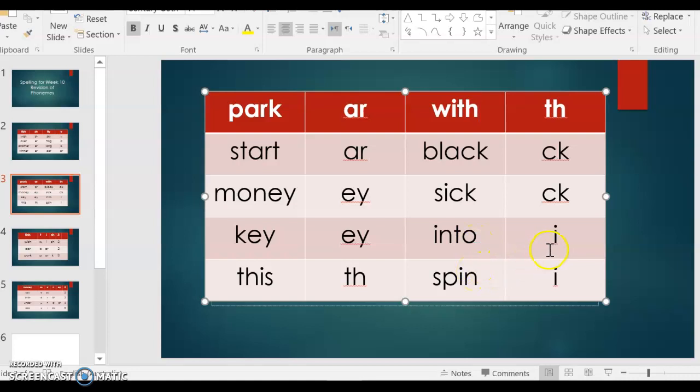Last two words here are into and spin. And we were focusing on the graph of I, but the I here says i, just like it does here actually, and it does here. So the I in this and the I in with, we say the same way as the I in into and the I in spin.